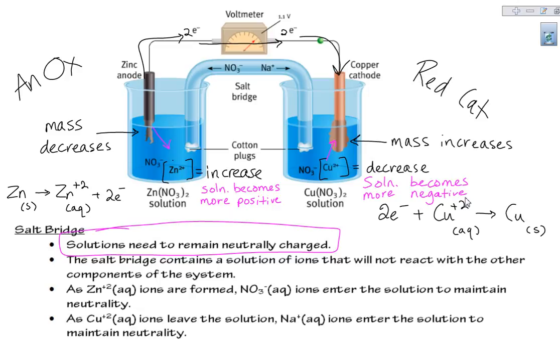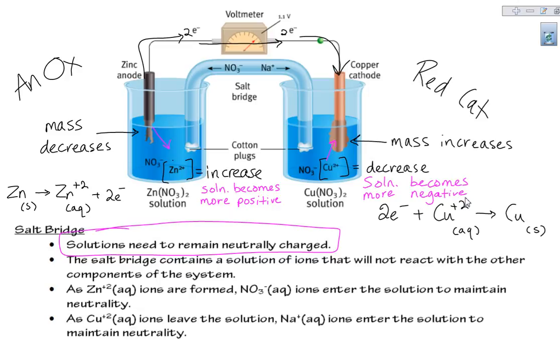The salt bridge is usually filled with some kind of ions that are usually spectators. So sodium and nitrate are very common. A sodium nitrate solution where sodium is not going to react with anything. It's not going to react with the zinc ions or the copper ions, and neither will nitrate. Both of them are totally spectators.